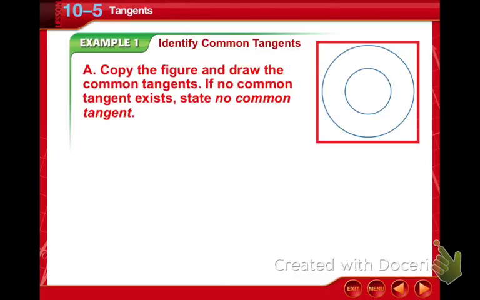So here we have two circles. You need to copy the figure, and all we need to do now is figure out if it has any common tangents between the two circles. If not, then we just need to state that it has no common tangents. And since we have a circle inside of another circle, two concentric circles, that means there is no common tangent.